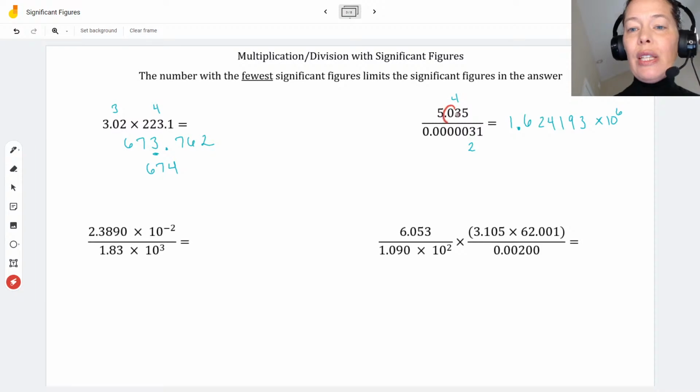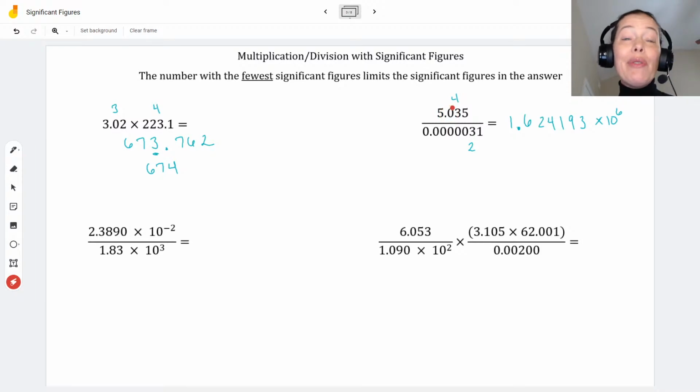As opposed to this 0 here, which is actually a captive 0. It's in between 2 significant digits, so it's automatically significant. So it is important when you're counting up your sig figs that you are aware of your rules for zeros. This is also why sometimes it's easier just to convert numbers like this into scientific notation, because that will automatically get rid of especially these leading zeros here, which are not significant.